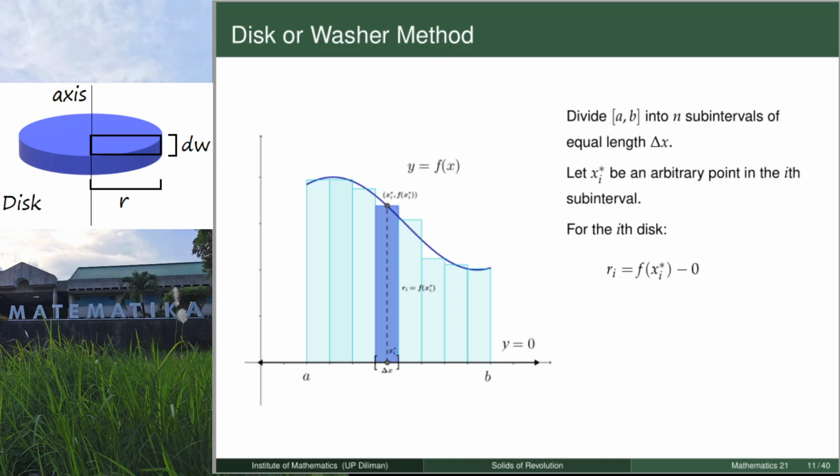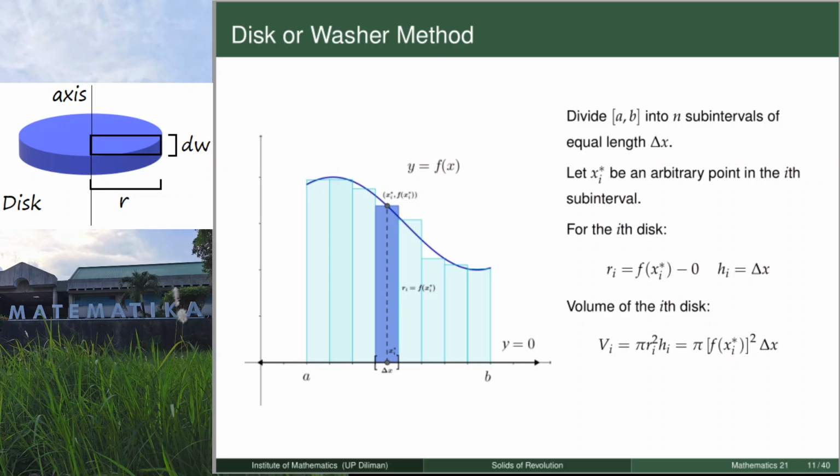Okay. How about the height of the disk? The height of the disk is simply this delta x. Okay. So, what is now the volume of this particular disk? The volume will just be given by pi ri squared hi, and using these values, we can replace it with this expression.